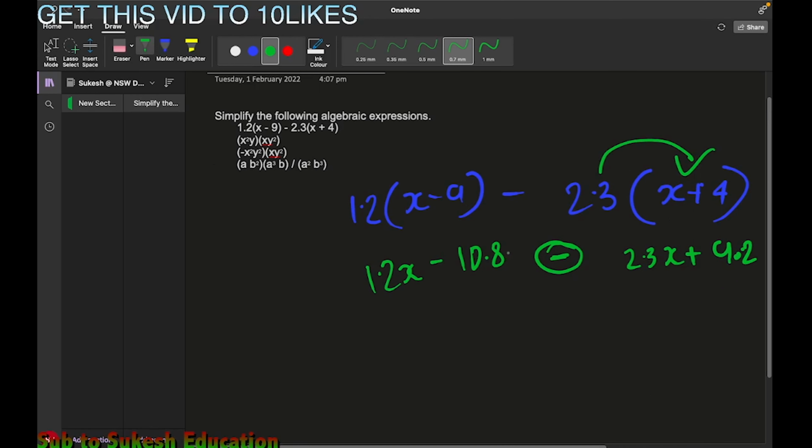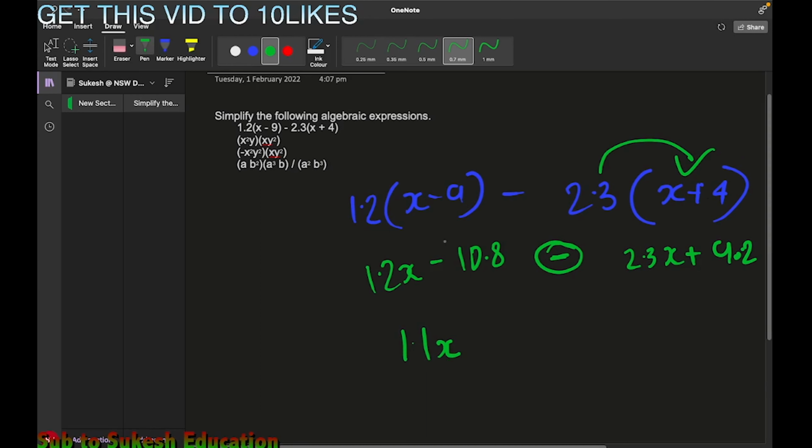When you do this, you can just simplify right now. 1.2x and then 2.3x, you can subtract. And what happens when you subtract? The only reason you're subtracting it is because it's a minus 2.3x and it's a plus 1.2x. So when you subtract, it becomes a 1.1x, right?